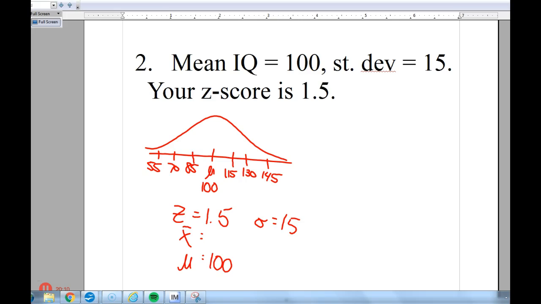So if you just use this formula and plug in what you know, if you can successfully do the algebra, you can find out what x bar is. Might have to redo the algebra.